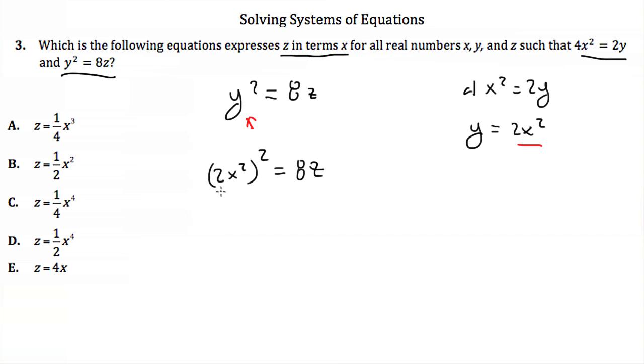Now when I square 2x squared, I have to square the 2 and the x squared. So I'll get 4x to the fourth is equal to 8z. Divide both sides by 8 because I want z alone. And we'll get 1/2 x to the fourth is equal to z. This is answer D.